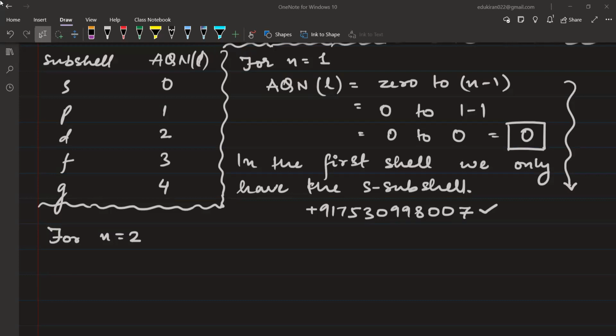So you have 0 and 1, both of them, right? Okay, so it will be 0 and 1, not that you have written only 1. Got it? And then what will you write for the second subshell, or in the second shell, we have what subshells?